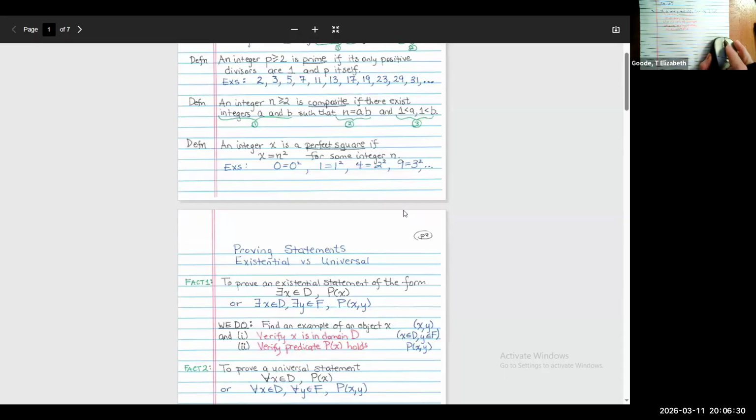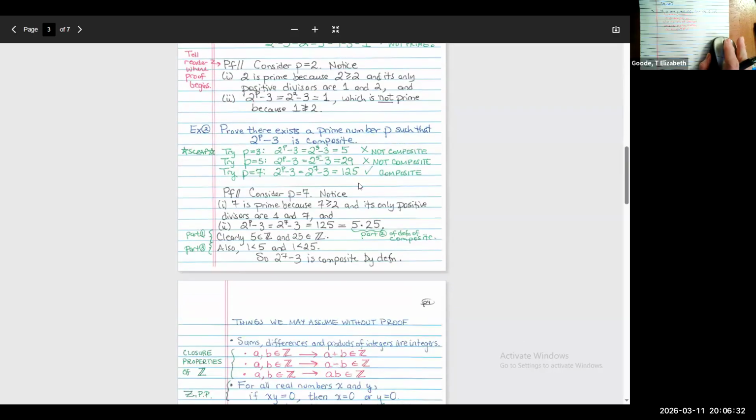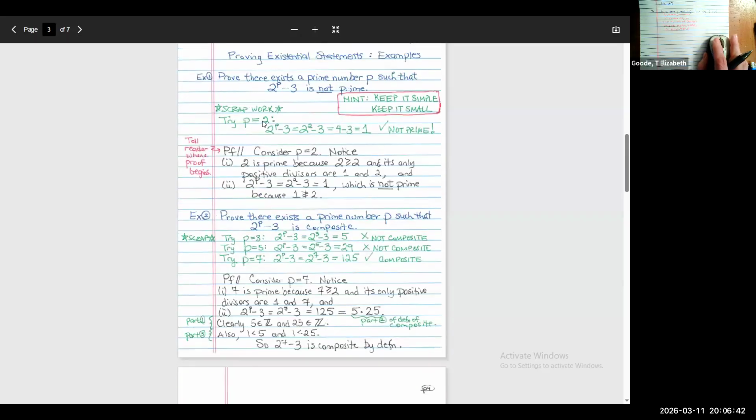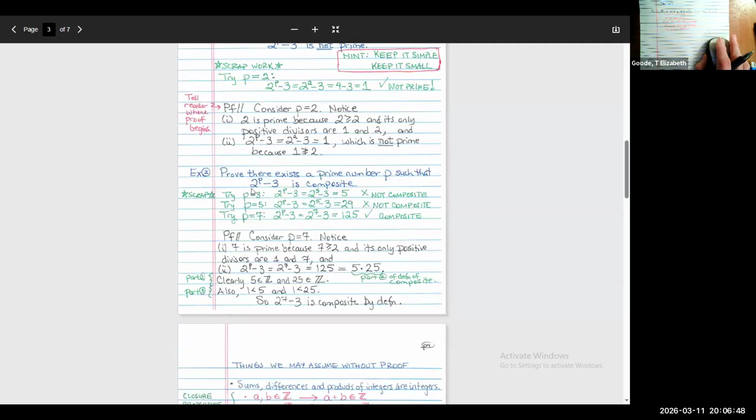So that's what we're trying to do here. We're going to have to factor 2 to the p minus 3 to show it's composite. So we tried some primes. We knew that p equals 2 would not work out because it made 2 to the p minus 3 equal 1. So we tried some other primes. We just started low and worked our way up.